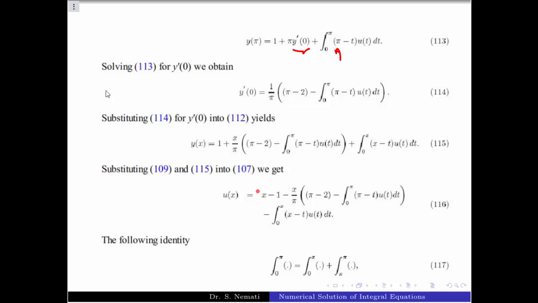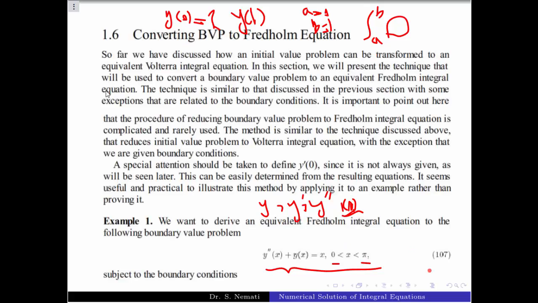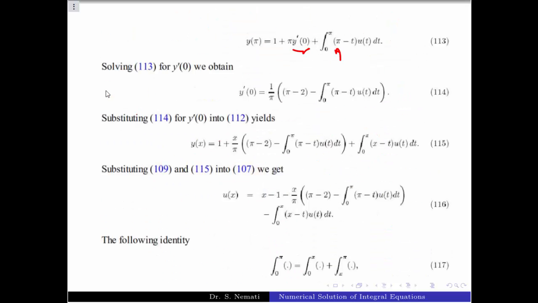So we get u of x equals, actually we replace all expressions present in the main problem in it. Here instead of the second derivative we set u, and we obtained an equivalent expression for y. We replace all of them in this equation and obtain u of x equals the expression in the right hand side.